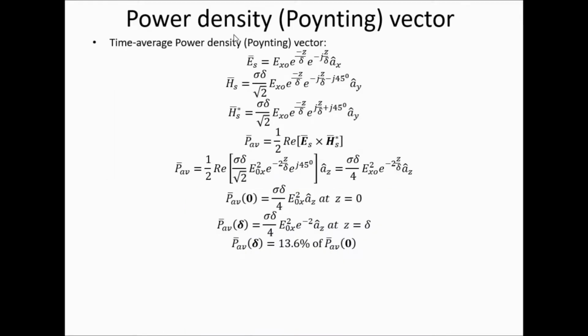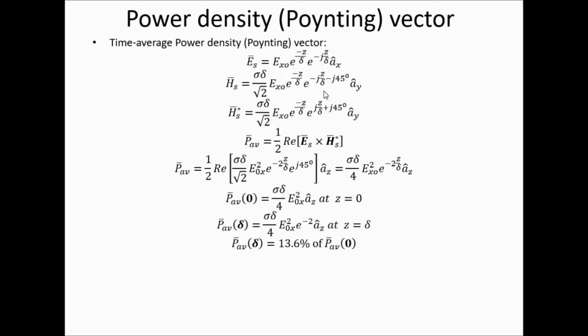Now we want to calculate power density or Poynting vector for a good conductor. So the time average power density vector or Poynting vector for a conductor, let us say we are given the electric field expression Es and the magnetic field expression Hs, like this.